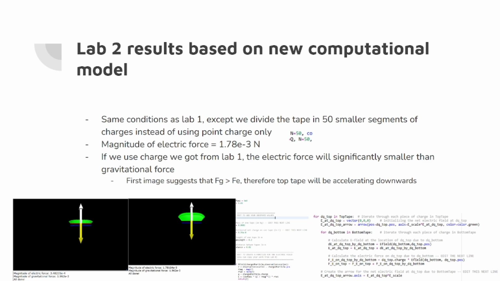If we use the charge we got from Lab 1, the electric force will be significantly smaller than the gravitational force, as suggested by image 1 over here. The first image suggests that the force of gravity is way bigger than the electric force. Therefore, the top tape will actually be accelerating downwards.